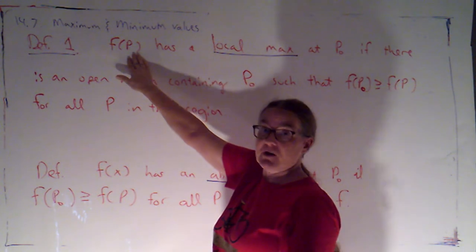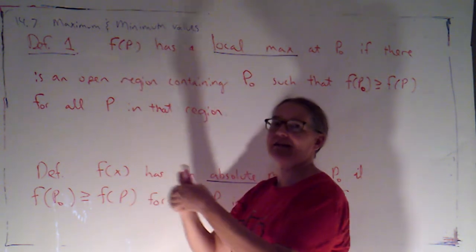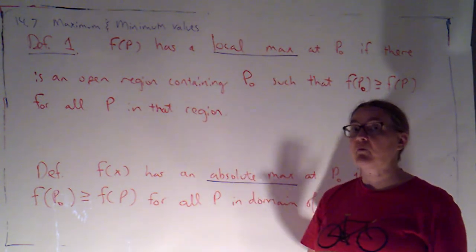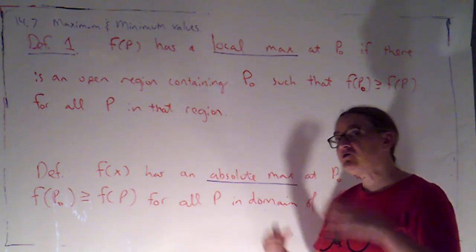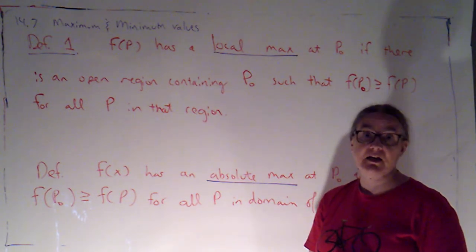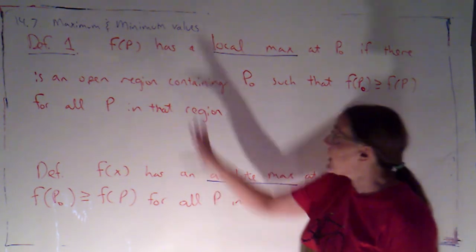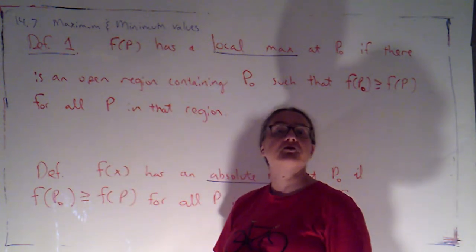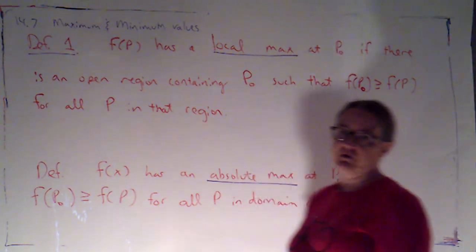The book's going to be more specific and talk about a function of x and y. I'm simply trying to point out which aspects of what we're doing in this section do generalize to higher dimensions, and certainly the definitions of max and min do. So my version of the definition is just a more general version of the definition that's given in your text, which is for a function of two variables.